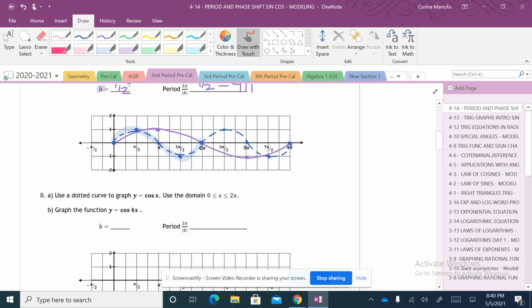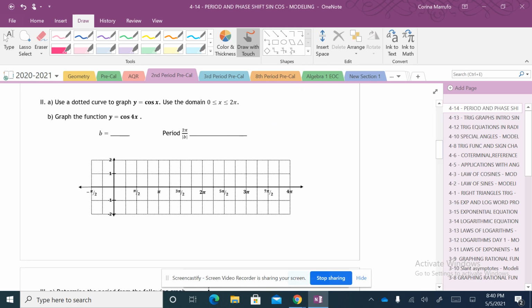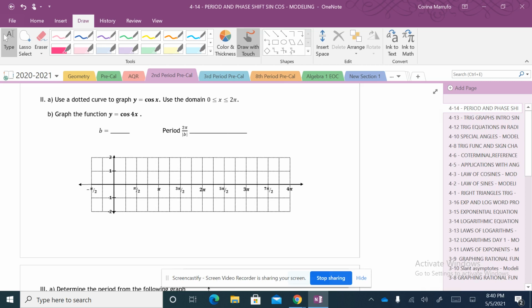Alright, so let's try another one. This one says use a dotted curve to graph cosine of x between 0 and 2 pi. So it says for me to go to 2 pi. That's weird. All right, so remember, cosine starts right here, using the same pattern that they all have.